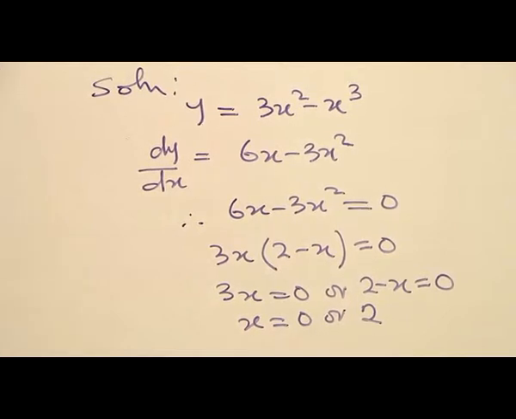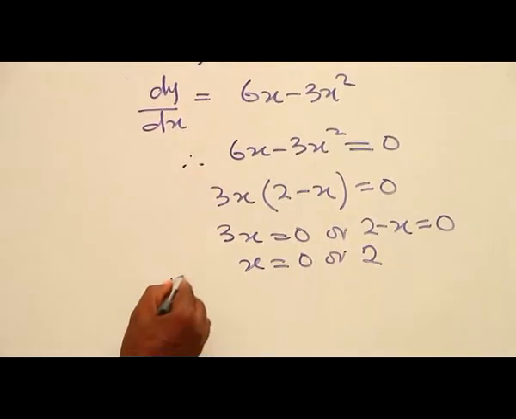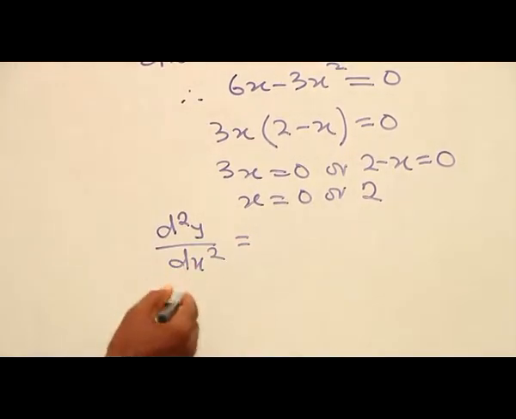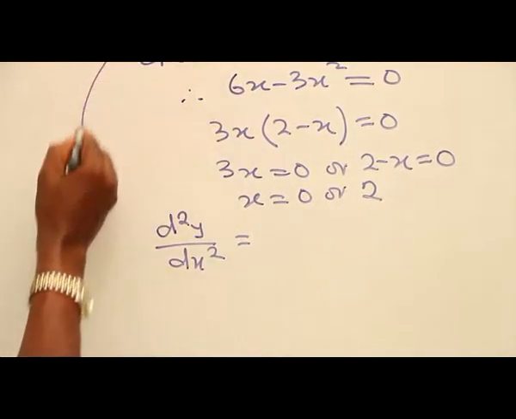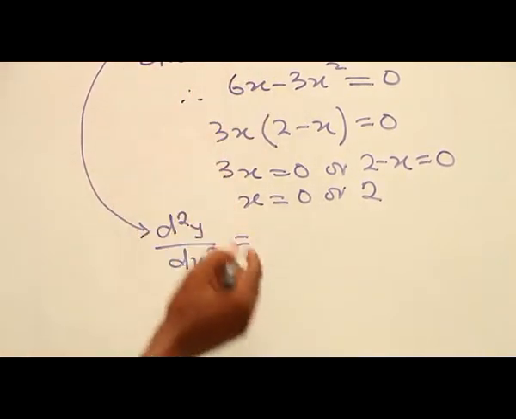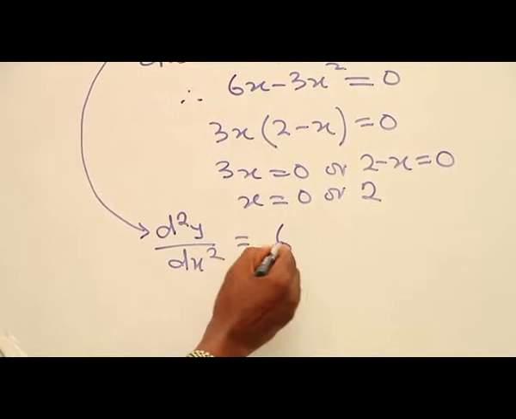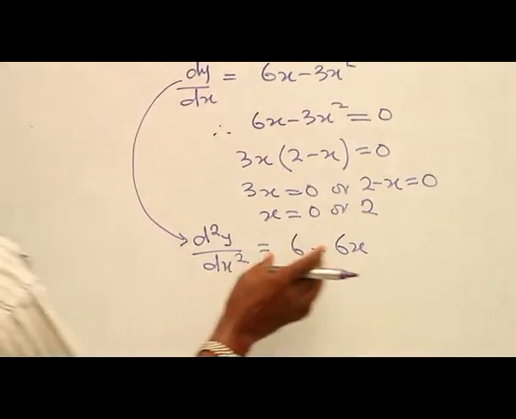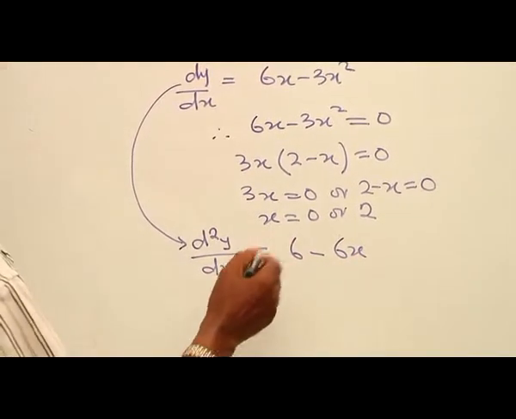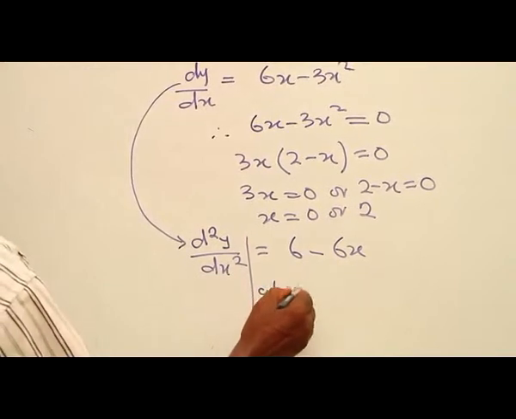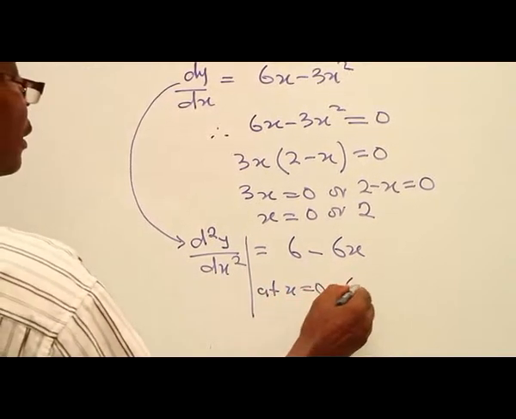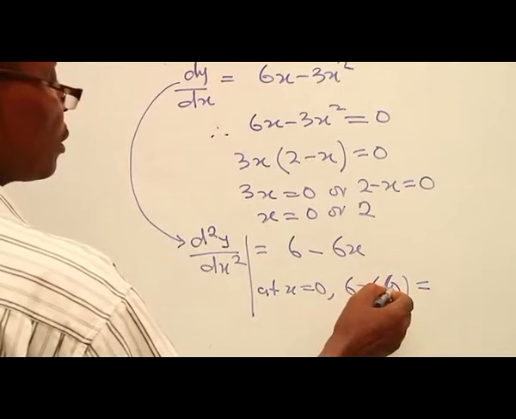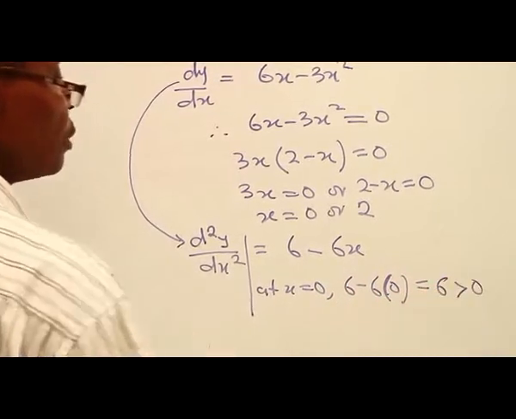To determine which of them is a maximum or minimum point, we take the second derivative of the given function. So d squared y over ds squared will be differentiating this. When you differentiate, 6s gives you 6, and minus 3s squared gives you minus 6s. Now you are going to evaluate this at the point where s is equal to 0. So at s equal to 0, we have 6 minus 6 times 0, which is 6 minus 0, which is 6, and this is greater than 0.